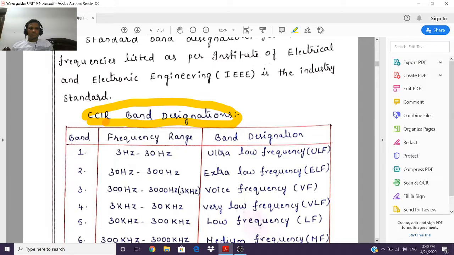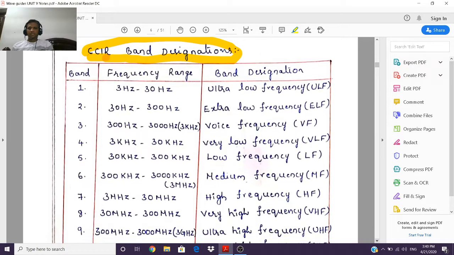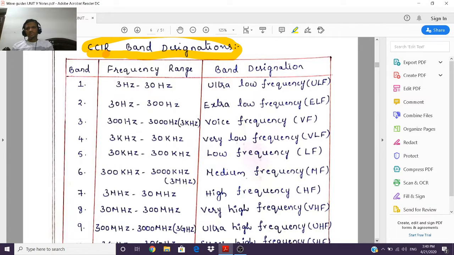In the table, the first column is the band number, the second column is the frequency range, and the band name or designation is given in the third column.